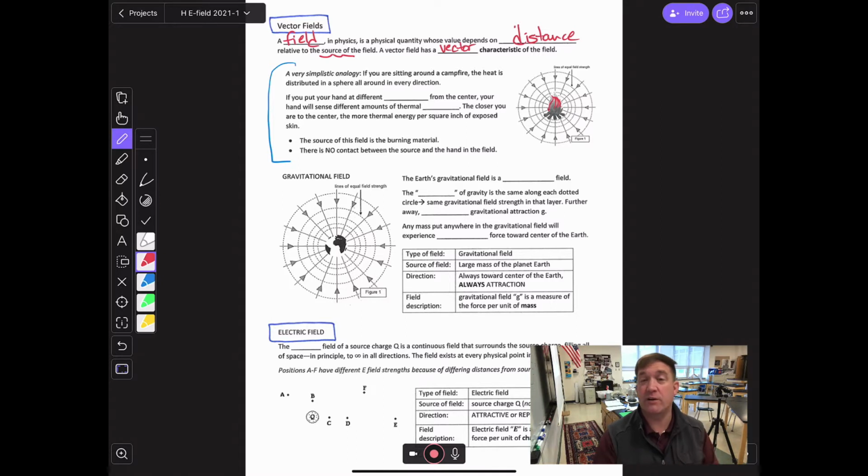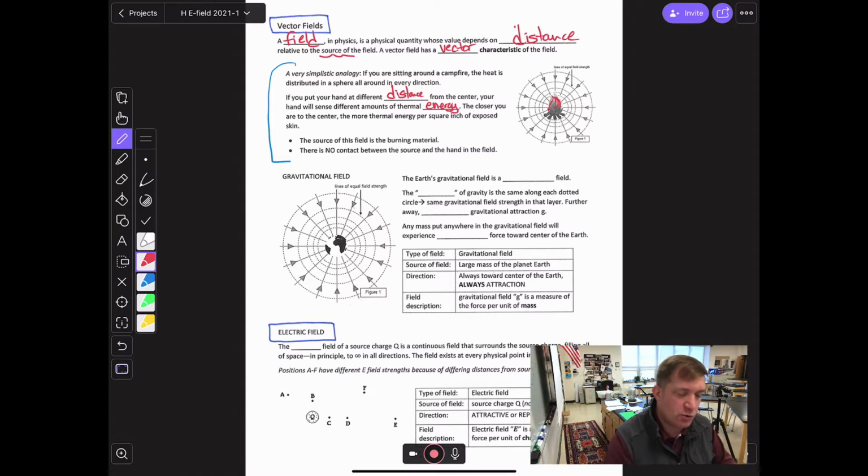Maybe you like it very close to the fire, maybe you like it a little bit farther back, maybe you go back and forth. But the distance from the fire has a big effect on how you feel that heat transfer. So if you put your hand at a different distance from the center, your hand is going to feel a different amount of thermal transfer or thermal energy.